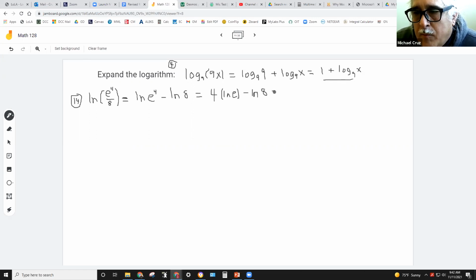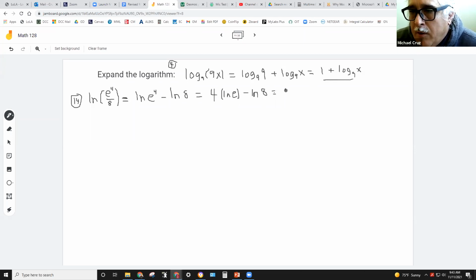All right, and remember, if you have any logarithm, like the common logarithm, as we just looked at here, it's the same principle. This is logarithm base e, so the e's undo one another. The same thing is going to happen here.